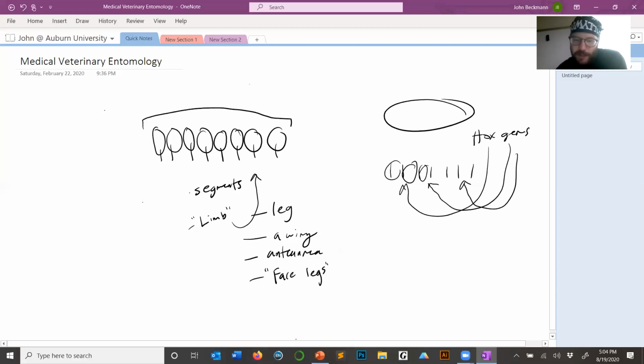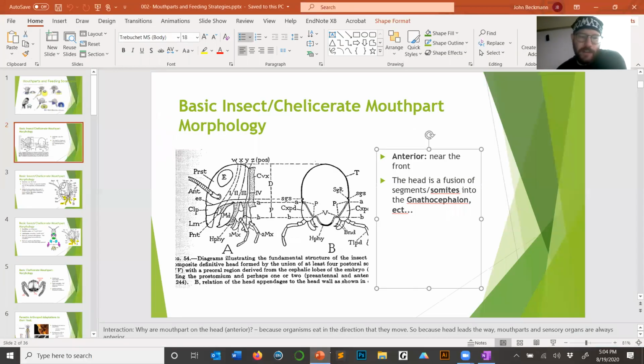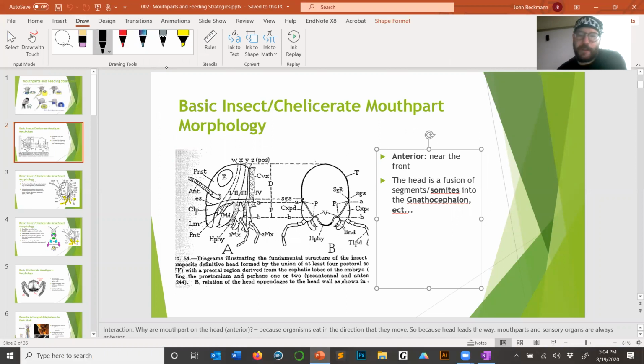When you look at the insect face, I have this term here, gnathocephalon. This is discussed in the assigned reading, a Snodgrass reading. Snodgrass was a famous insect morphologist, and I really like his illustrations. This is one of his illustrations describing the gnathocephalon.